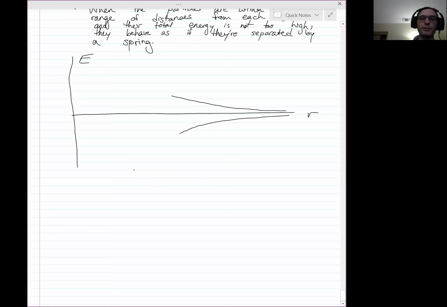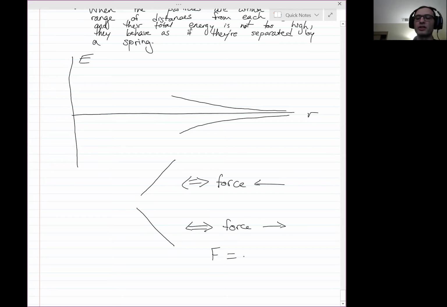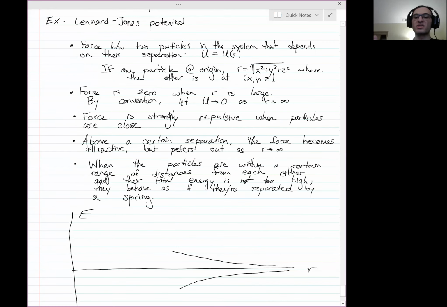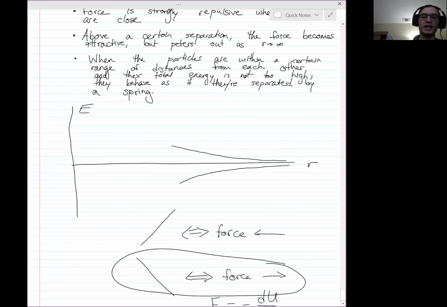Positive slopes correspond with force to the left, and negative slopes correspond with forces to the right, because the force is negative du dr. So if we want a repulsive force, we should have a negative slope. And if the force is very strong, the slope should be very large. So close to the left, we're looking at some sort of large slope going downwards.